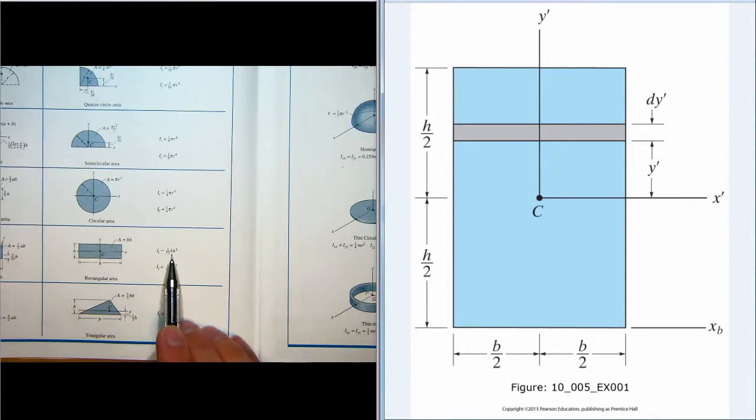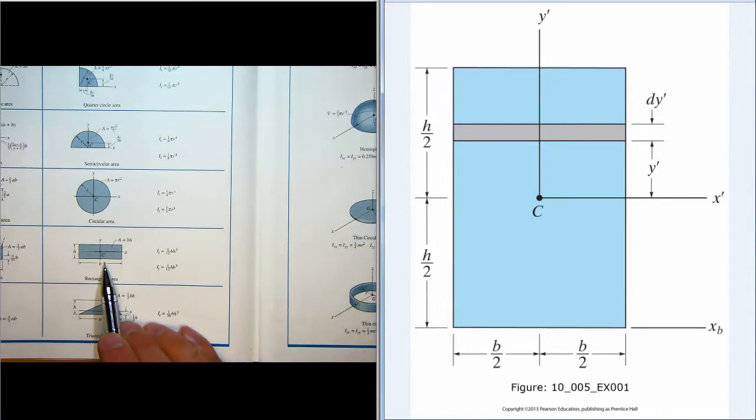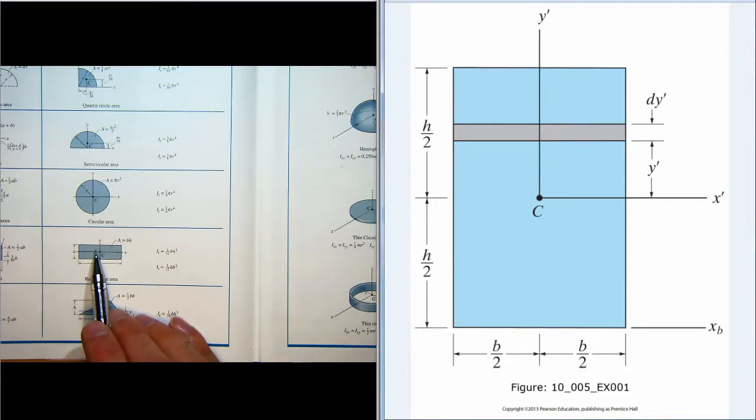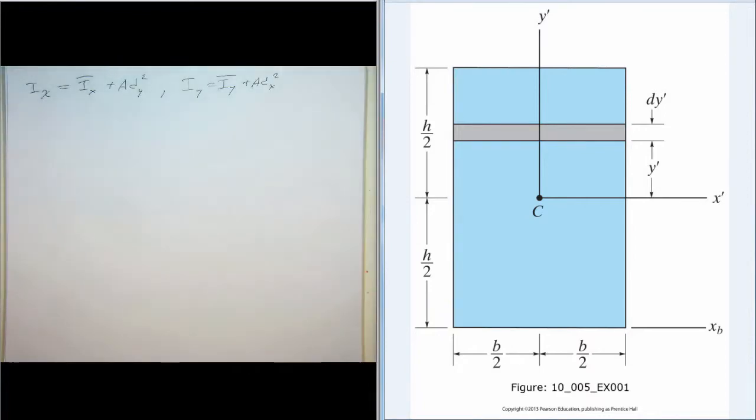And the way you choose which dimension is cubed, the dimension that goes in the direction perpendicular to the axis you're concerned with, is the one that's cubed. And the other one, the one that's parallel to that axis, is the one that's just raised to the power of 1.